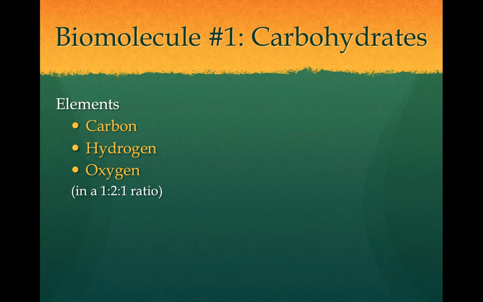Specifically, they're going to bond together in a 1 to 2 to 1 ratio. If you don't know what ratios are, they are a way to compare things. What this means, in the molecule, is that for every 1 carbon atom I have, I will also have 1 oxygen atom, but I will have 2 hydrogen atoms. The common one we use is glucose, C6H12O6.